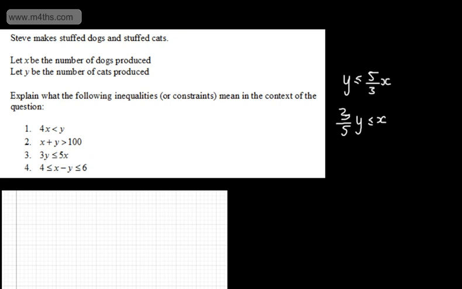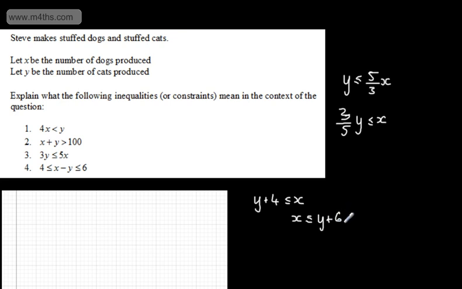If you wanted to split the inequality up, you could write two different inequalities. We could say that y plus 4 is going to be equal to or less than x. And we could say now that x will be less than or equal to y plus 6.